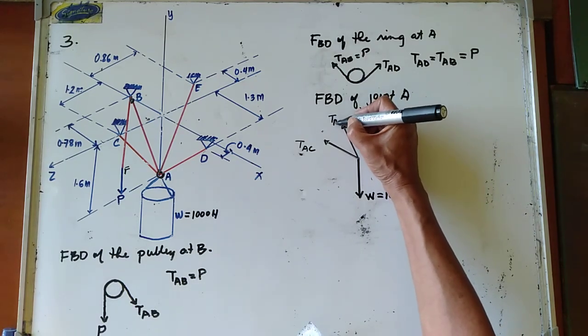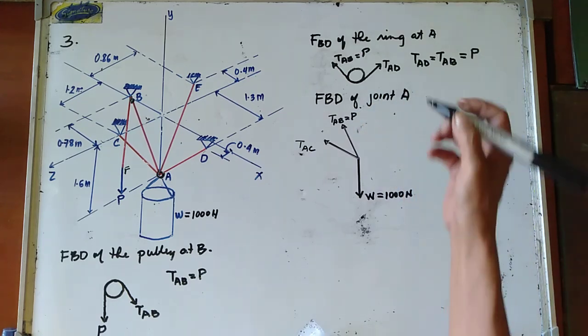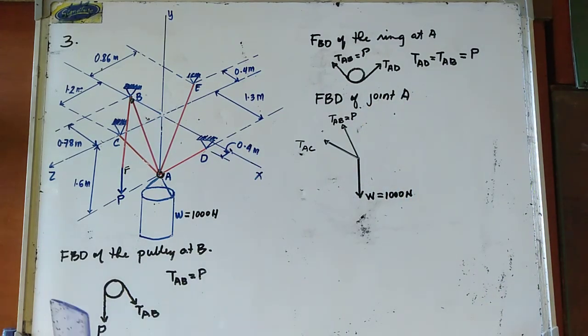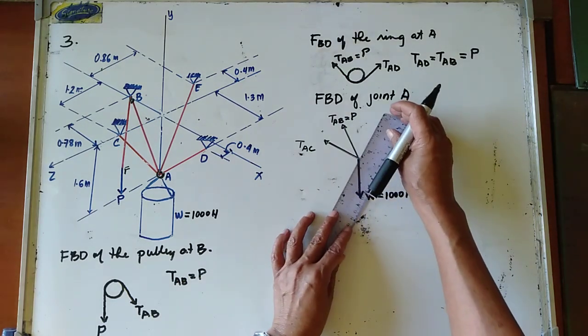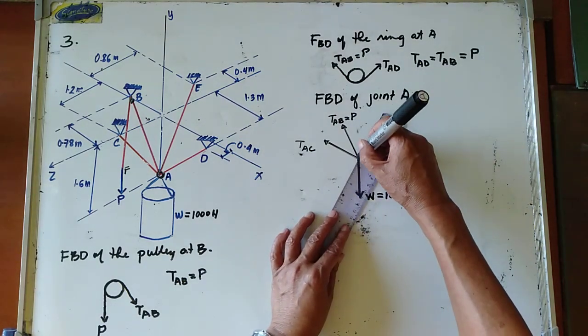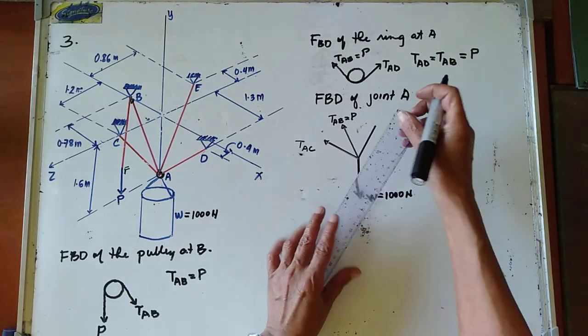Tension in cable AB, which is equal to P. And we have the tension in cable AE. This is the tension in cable AE.